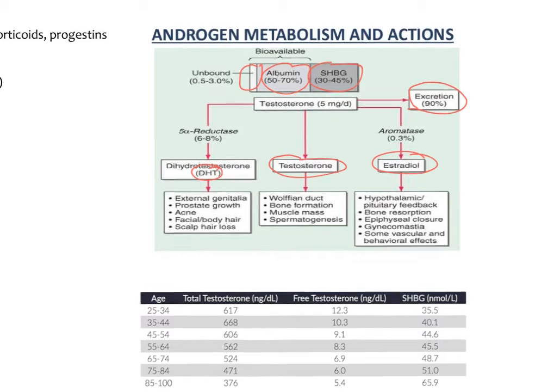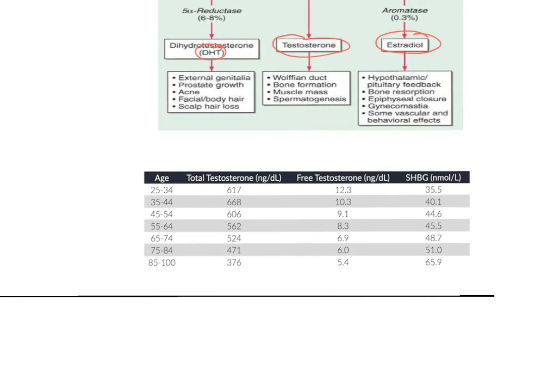This diagram, this chart, looks at ages, total testosterone, free testosterone, and sex hormone binding globulin levels. So notice in a 25 to 34-year-old, total testosterone of 617 on average nanograms per deciliter, free of 12.3 nanograms per deciliter, and we have fairly low sex hormone binding globulin levels.